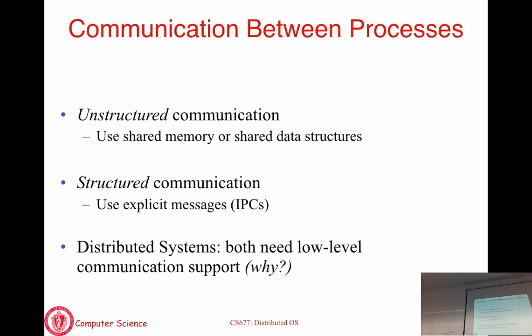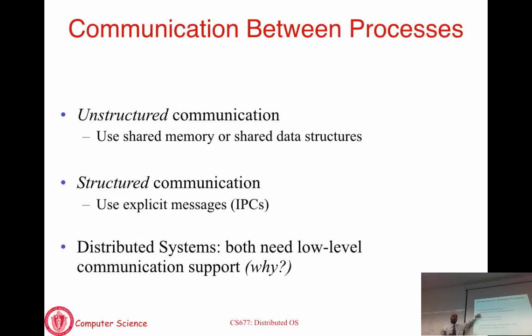It might even have data structures. So process A is going to write to it or modify it, and then when B reads it, you have implicitly communicated something from A to B through a shared data structure. This is called unstructured communication or implicit communication.